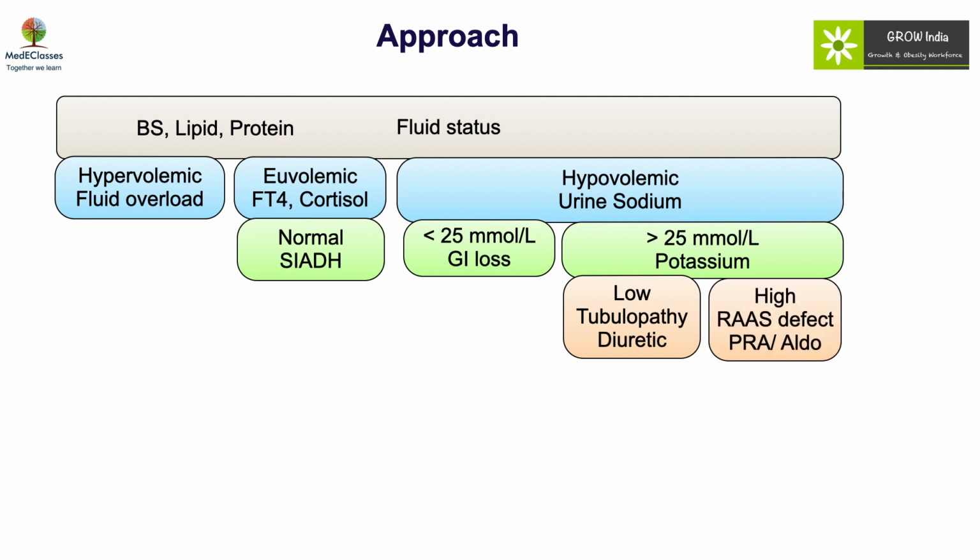If there is hyponatremia, hyperkalemia in a hypovolemic state with a high potassium, you're dealing with a renin-angiotensin-aldosterone defect. Look at renin-aldosterone level, look at cortisol, look at aldosterone. So approach to hyponatremia basically involves the assessment of fluid status, thyroid and cortisol, and potassium, and that really gives a clue in most cases.